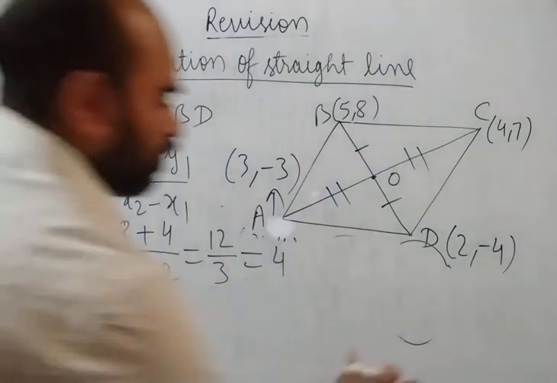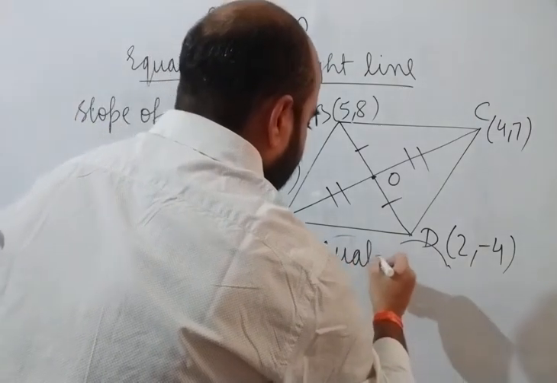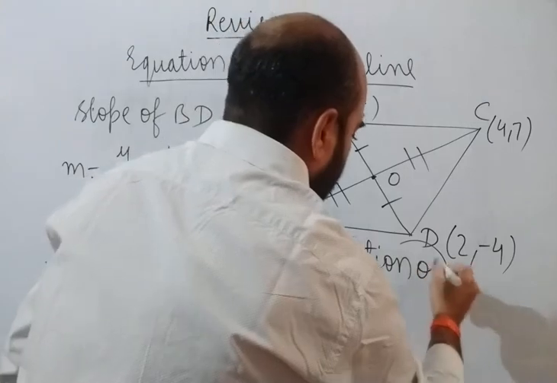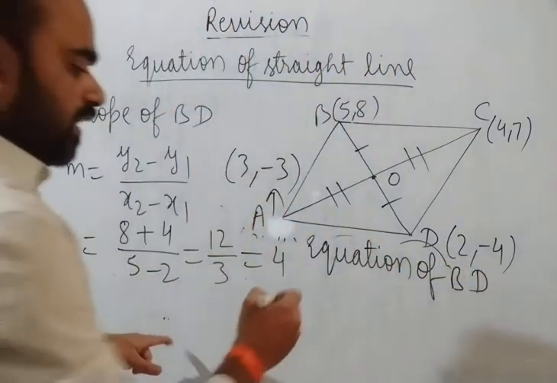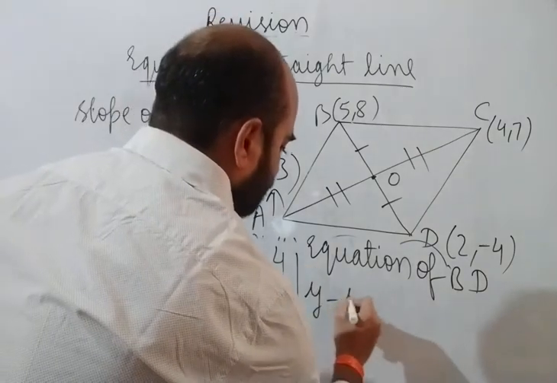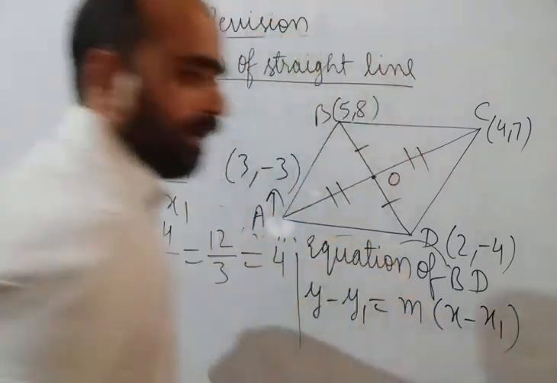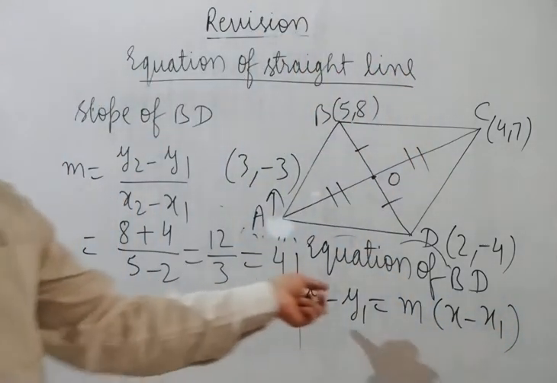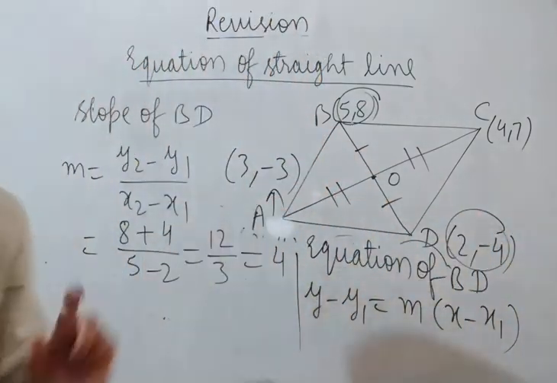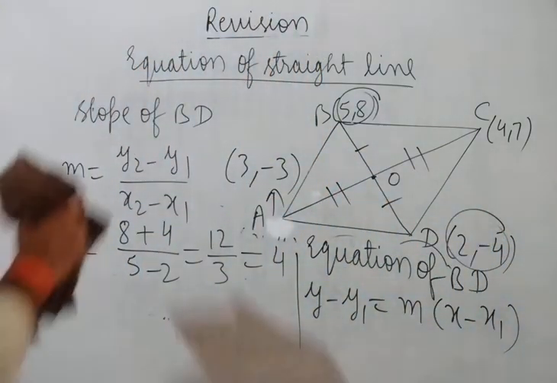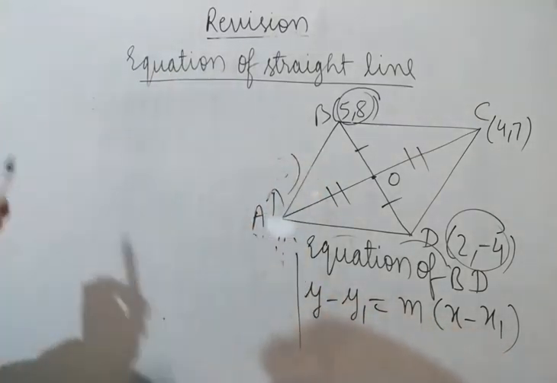Correct? Now the equation of BD, we can apply this form: y minus y1 is equal to m(x minus x1). x1, y1 means you will take any one point, and slope we have already calculated. Slope is 4.